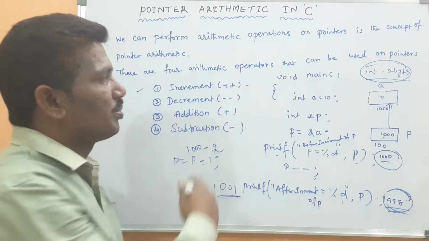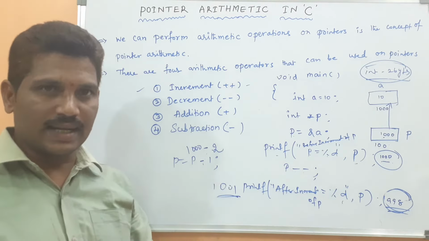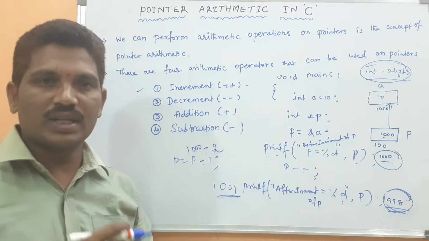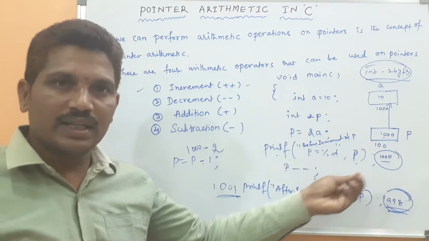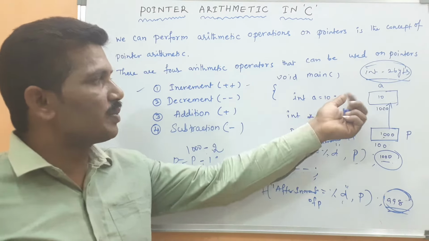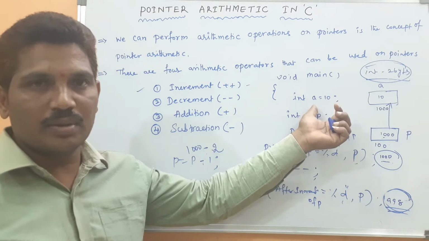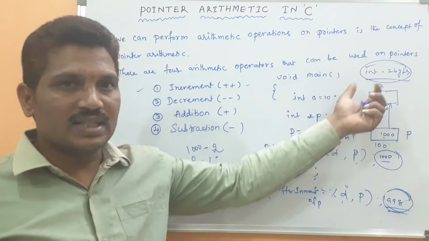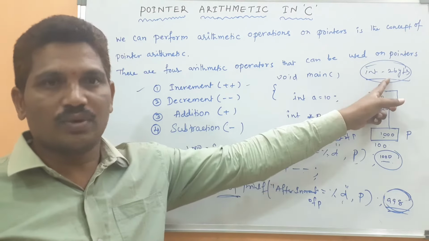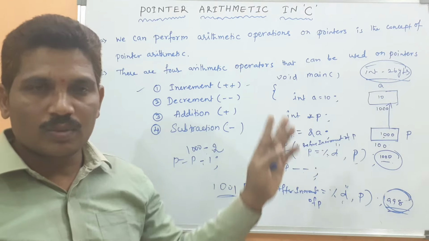Generally, the increment operation can be performed with arrays. How it is possible, we will see. Increment and decrement depend on the data type of the variable. Incremented by 1 means incremented by 2 bytes; if it takes 4 bytes, incremented by 4 bytes. Got my point?